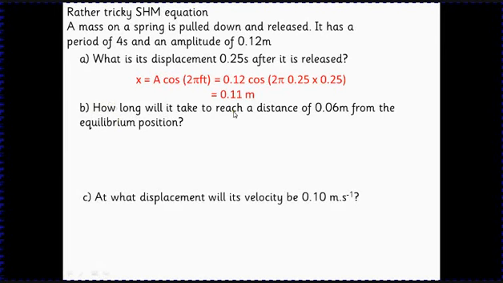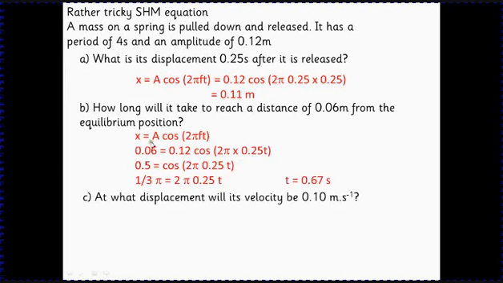Okay, how long will it take to reach a distance of 0.06 meters from the equilibrium position? Well, again, we're on x equals a cos 2 pi ft, but this time we're trying to find a value for t, so that makes the maths a little bit trickier. So I've got 0.06 is 0.12 cos of 2 pi ft. First step is to divide by 0.12, so I get 0.5 equals cos of this expression.